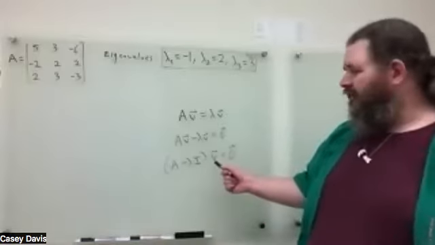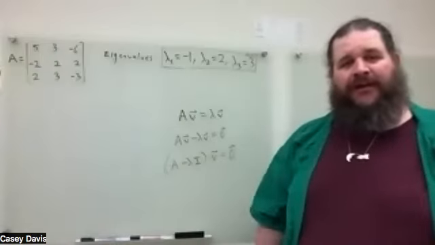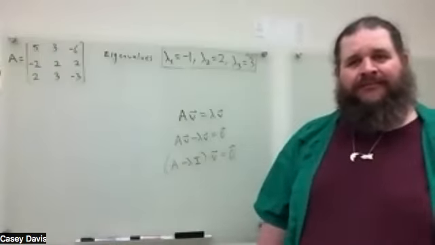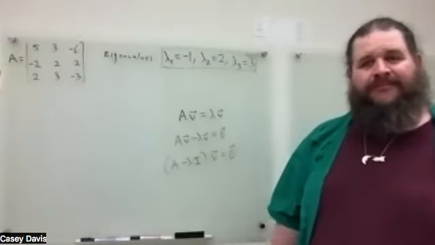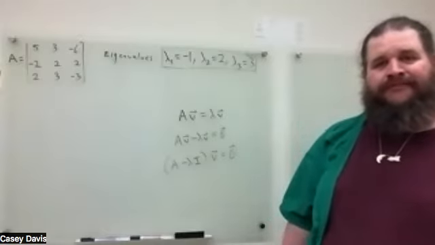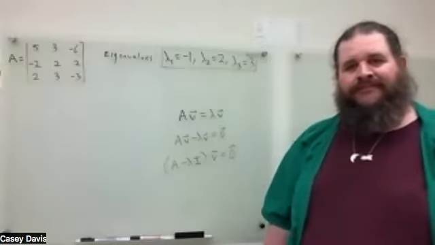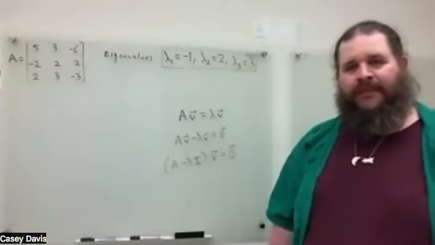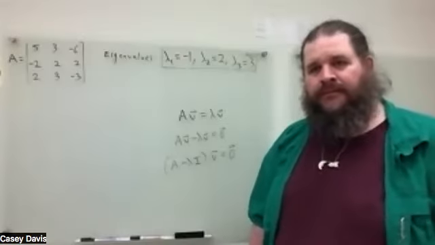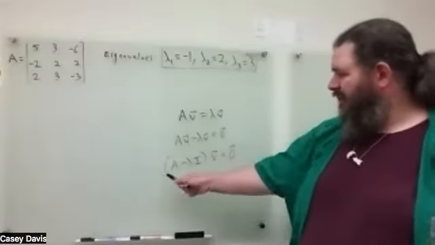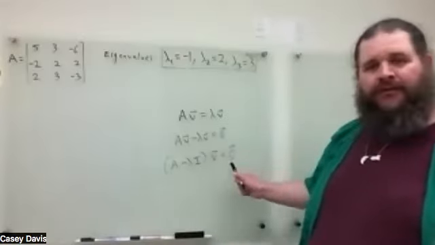And how would you typically solve for V? How do you usually find the null space of a matrix? Well, that's what we have here. We've got a matrix times V equals 0.